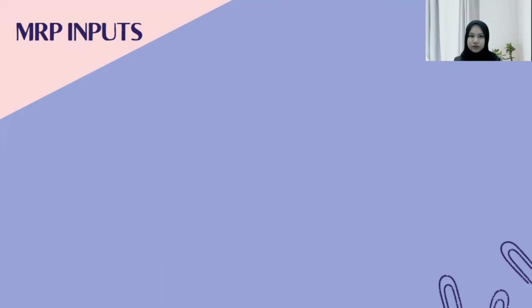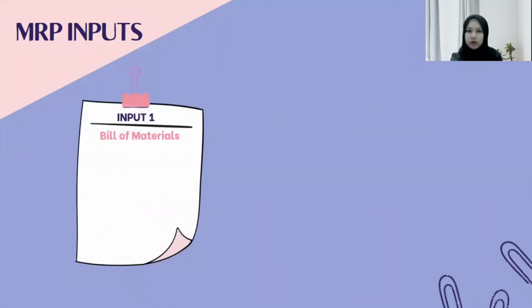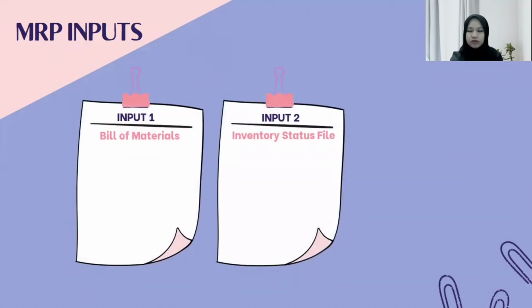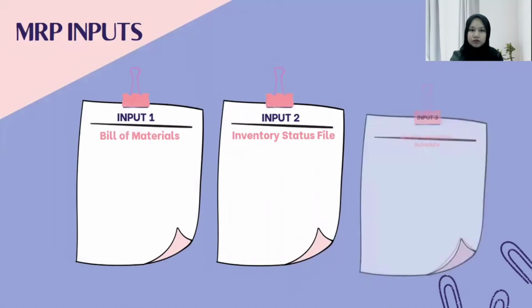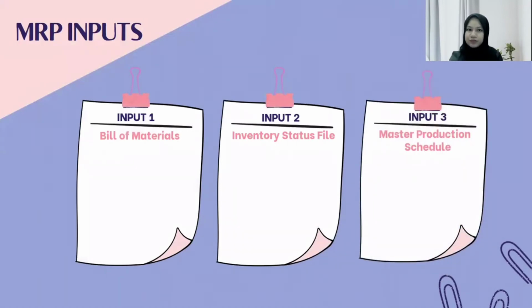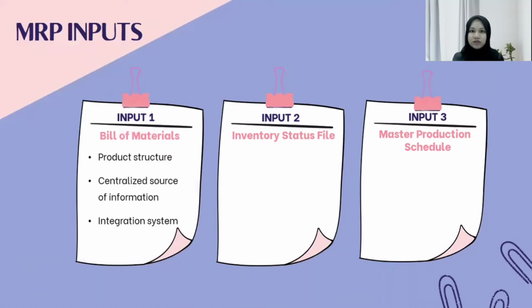So I will continue to explain the material requirement planning inputs. There are 3 types of MRP inputs: input 1, bill of materials; input 2, inventory status file; and input 3, master production schedule. First, let's look at input 1, bill of materials, which is also known as the product structure file.